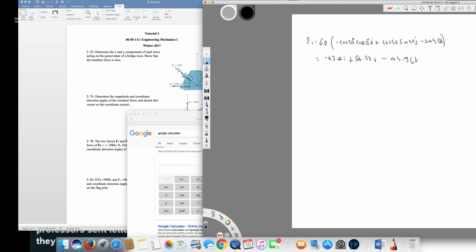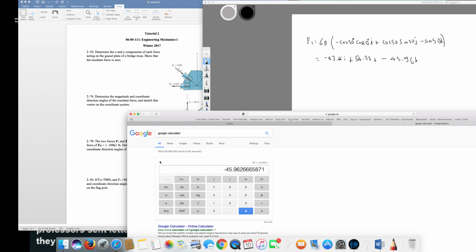Let me double check these values because we have to be careful about this. First of all, minus cos 50 times cos 30 is equal to negative 0.7277, then multiply by 60, I get 43 point, that's right.